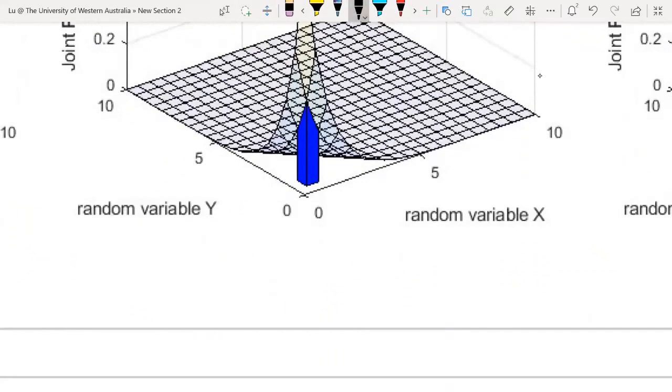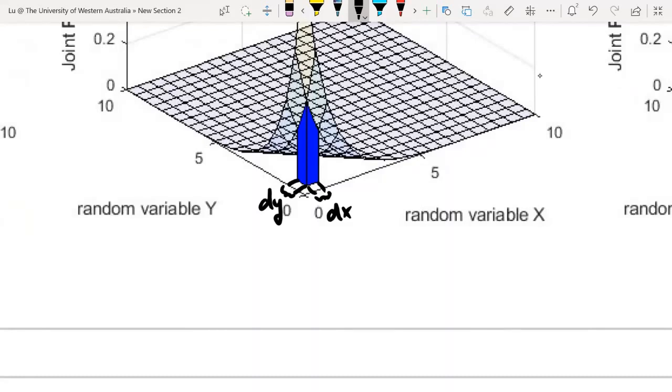For this blue square, the sides are dx and dy. In other words, using dx and dy, I'm picking a small subregion, which you can call Di.